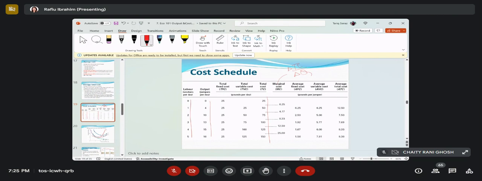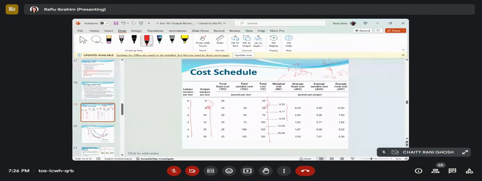So for example, if you are moving from 0 to 4 output, the change in output is 4, right? And the change in total cost is 50 minus 25, which is 25. So the marginal cost here is 6.25. Likewise, the rest of the marginal costs are found.